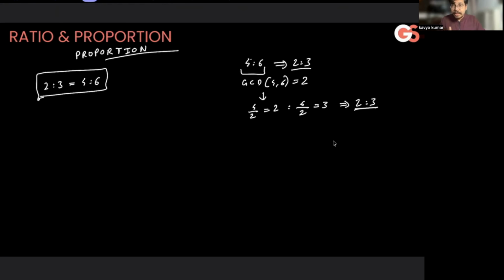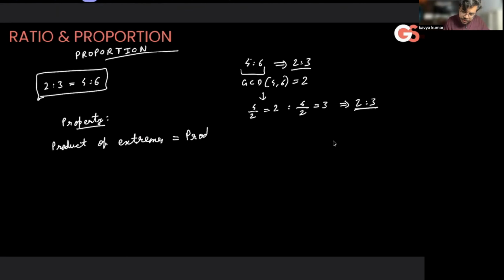So there's a property in this. The property is: product of extremes is equal to product of means.